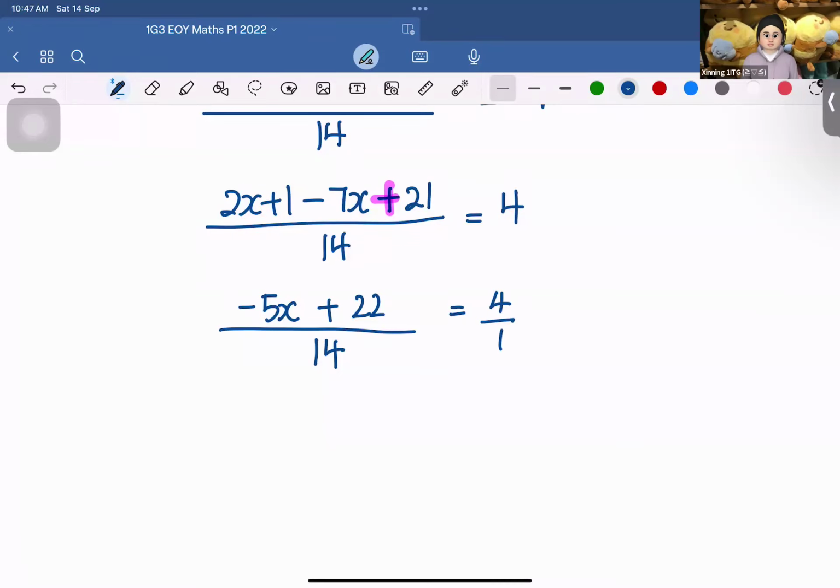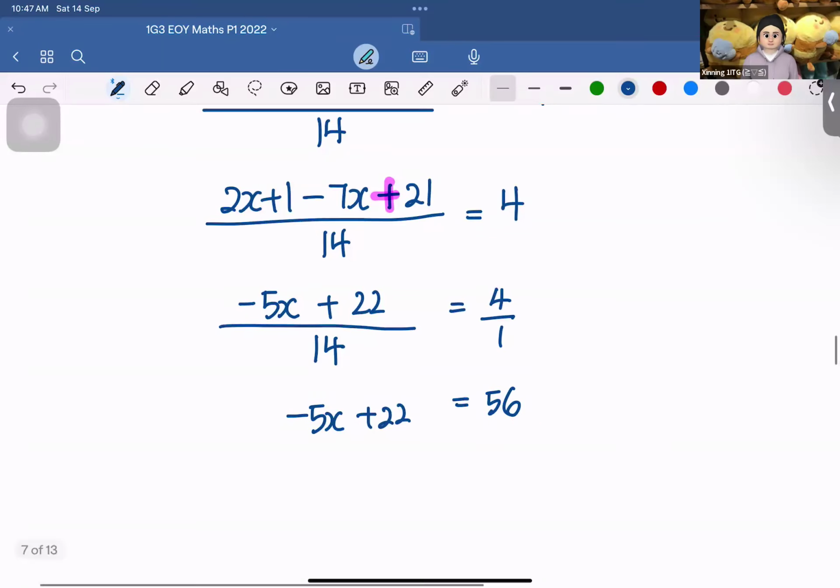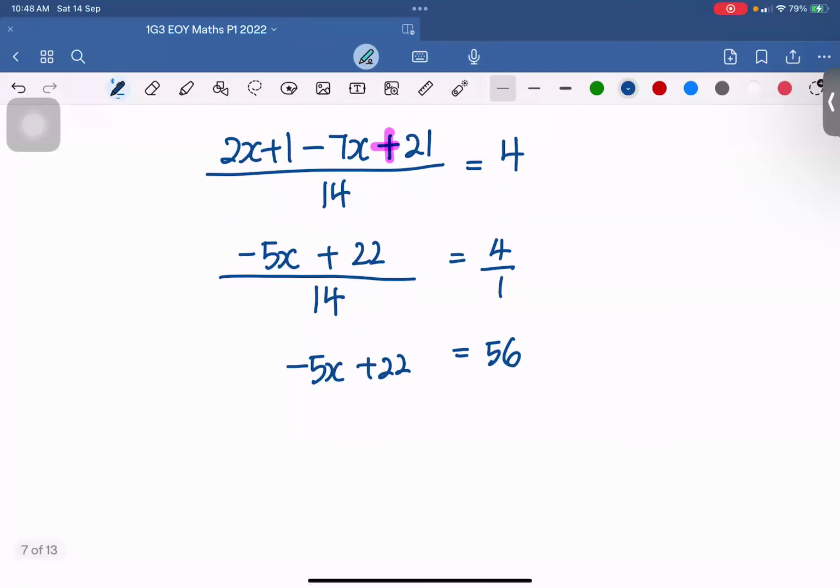14 times 4 equals to 56. Put on the right side. Thank you. Then this one will be just this one, right? Same. Good. Then we cross multiply. After we cross multiply already, we're gonna shift the numbers here. So I have 5x. This one will be 56 minus 22.